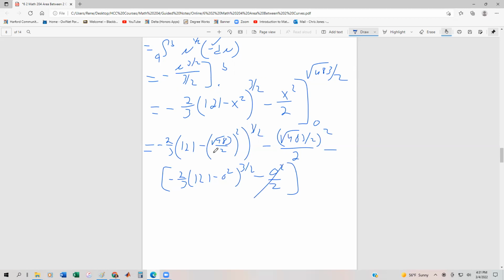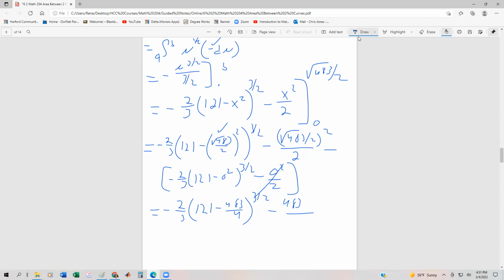Now, this doesn't turn out too badly with the root 483 over 2 squared. If we simplify this, we're going to end up with negative 2/3 times 121 minus 483 over 4, since we square the square root of the 2, still raised to the 3/2 power, minus 483 over 4 over 2, and that's really just going to turn into 483 over 8.